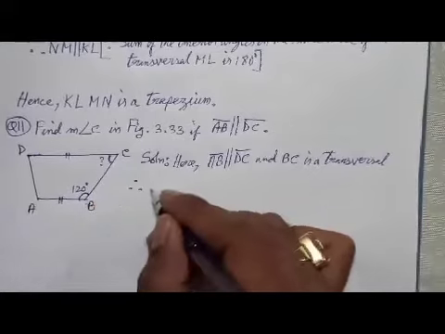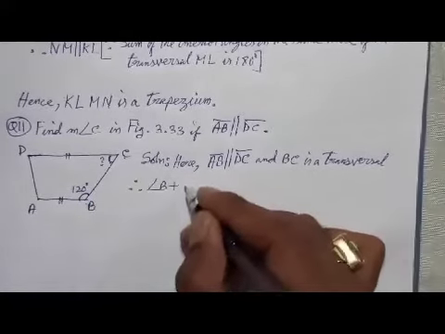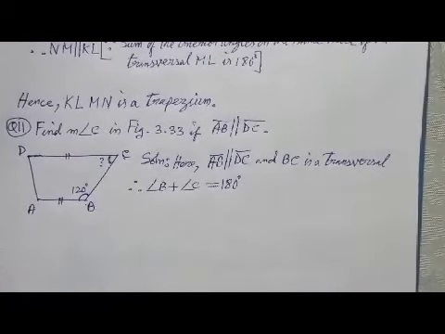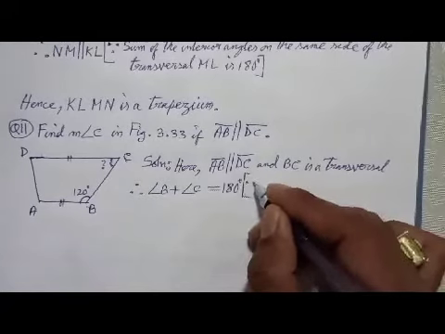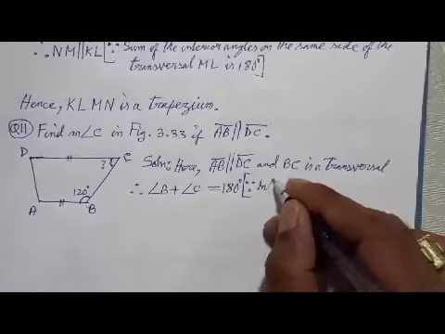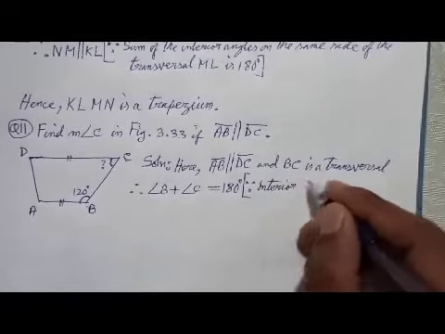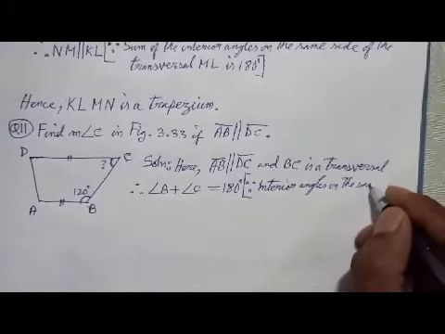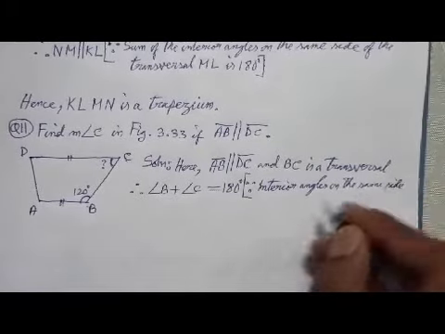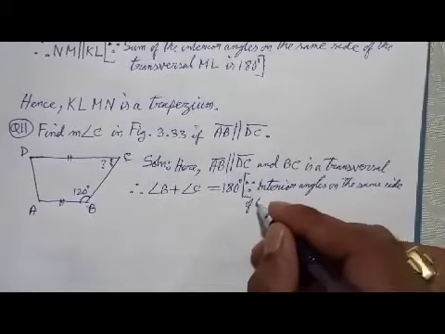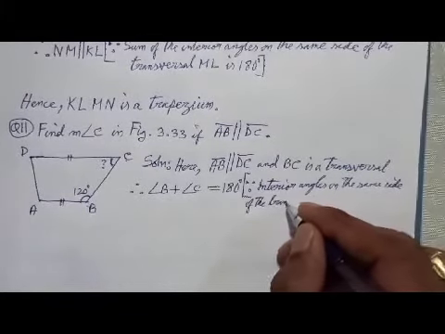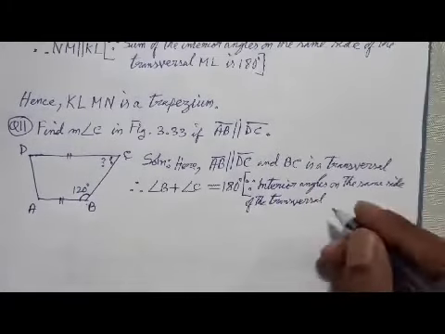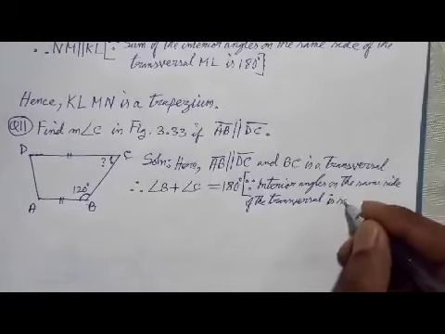Therefore, angle B plus angle C must be 180 degrees, since the interior angles on the same side of the transversal are supplementary.